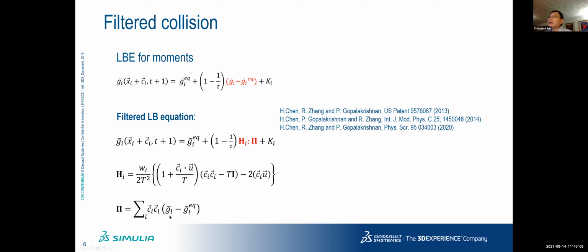Pi is the second moment of the non-equilibrium distribution, and H is a second-order tensor. So this is a double product of these terms. This is the filtered non-equilibrium. The filtered collision has some advantages. It has better isotropy and also better stability.